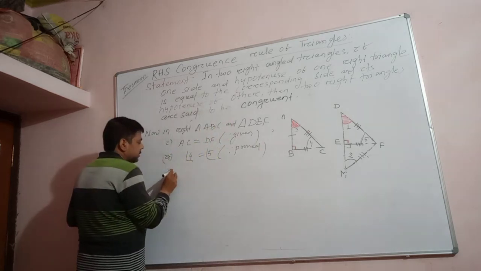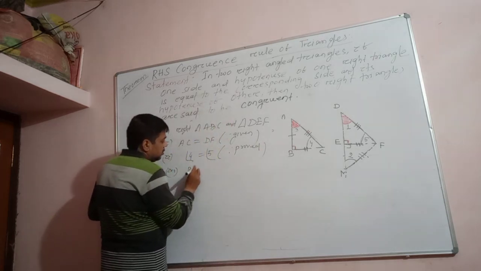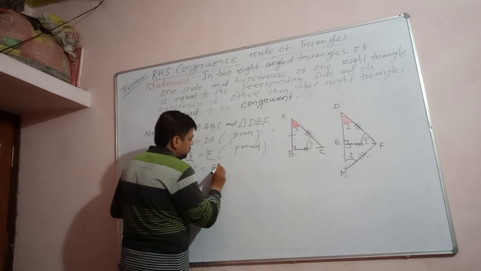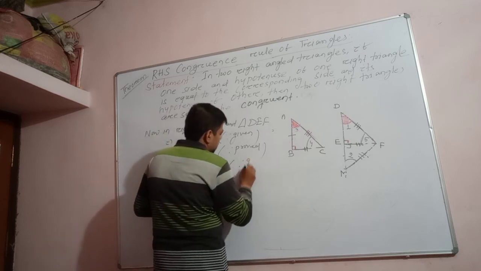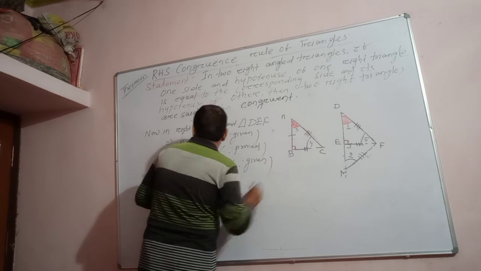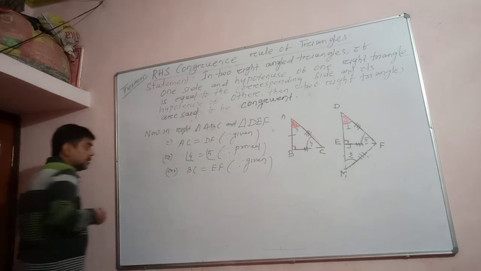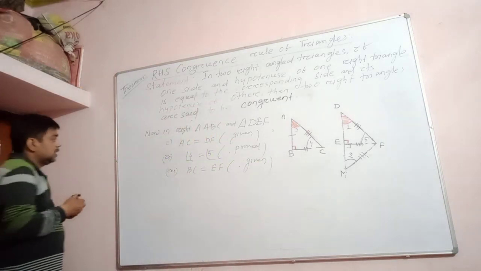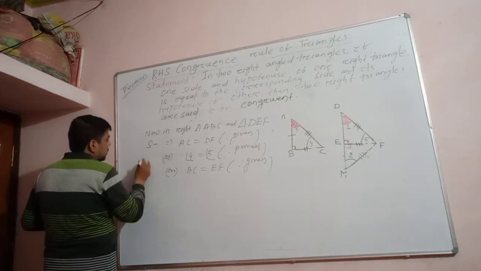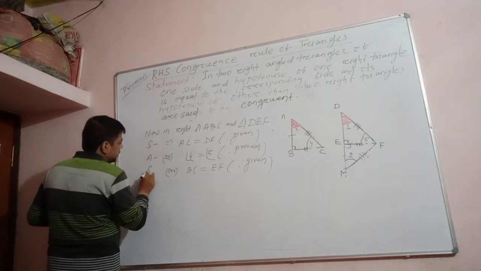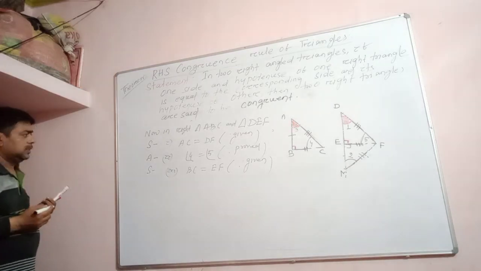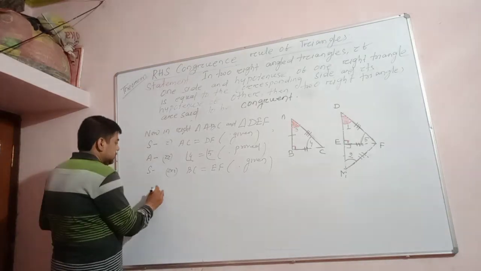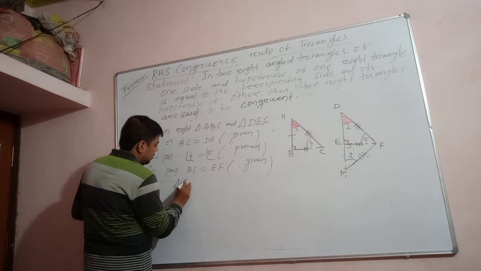Third point, BC is equal to how much? EF. It is also given. Now students, what are you seeing now? Here side, angle and side.